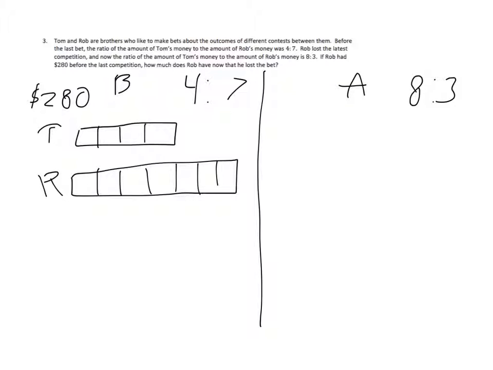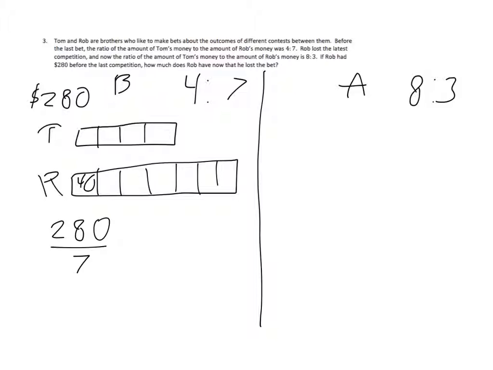So we need to figure out how much each of these individual sections is in our tape diagram. So we have 7 sections and $280. So we can do 280 divided by 7, which is going to give us $40. So each section is $40.